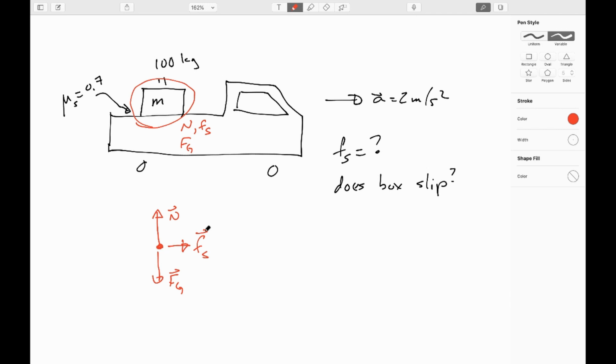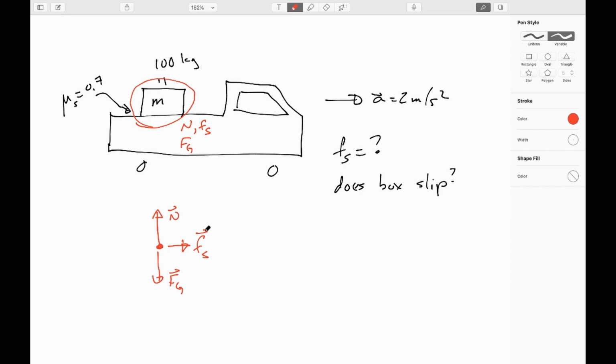So in order for it to accelerate the same as the truck, the force of static friction of the truck on the box has to be to the right. Now by the third law, the force of static friction of the box on the truck is to the left, and so that's acting to slow the truck down against the road trying to push the truck forward.